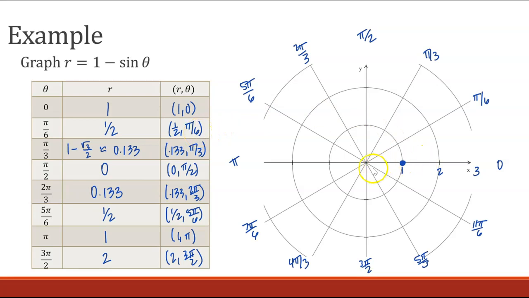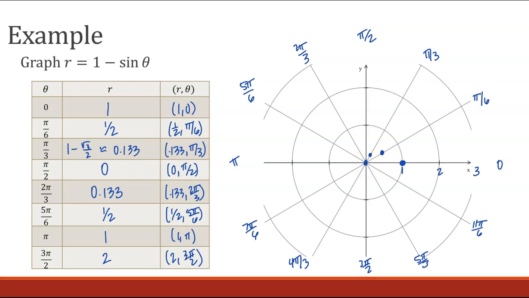For this next point, I'd go find the angle pi over 6, and I'm going to go 1/2 a unit towards pi over 6. So that's going to be about halfway there. And then at the angle pi over 3 for the next point, I'm barely going to go out to 0.133. So I'm just going to go out a little bit to 0.133. And at pi over 2, I'm going to stay at the pole.